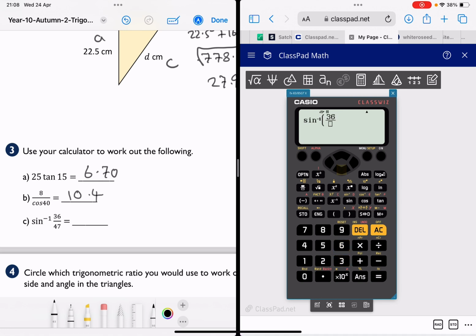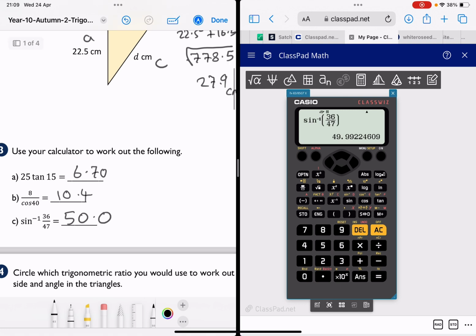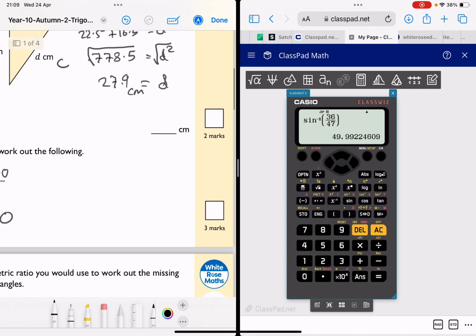Go down arrow, 47, then go to the side so that the bracket closes properly. Press equals. I've got 49.99, which actually would be 50.0 to 3 significant figures. Anything else on that? No, I think we'll stop there.